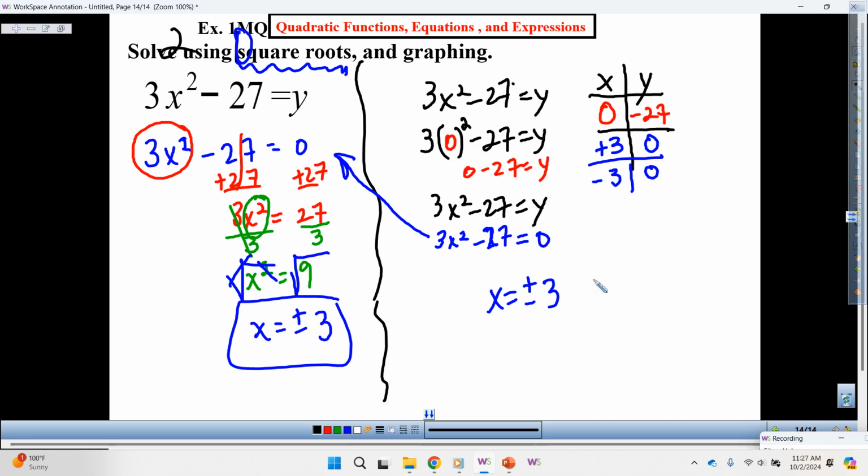Let's graph that. X, y, 0, negative 27 is way down here. Then we got positive 3, negative 3.